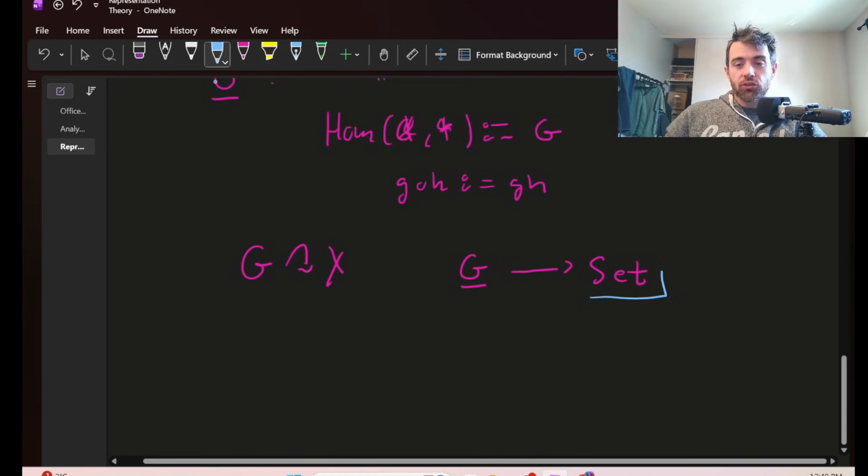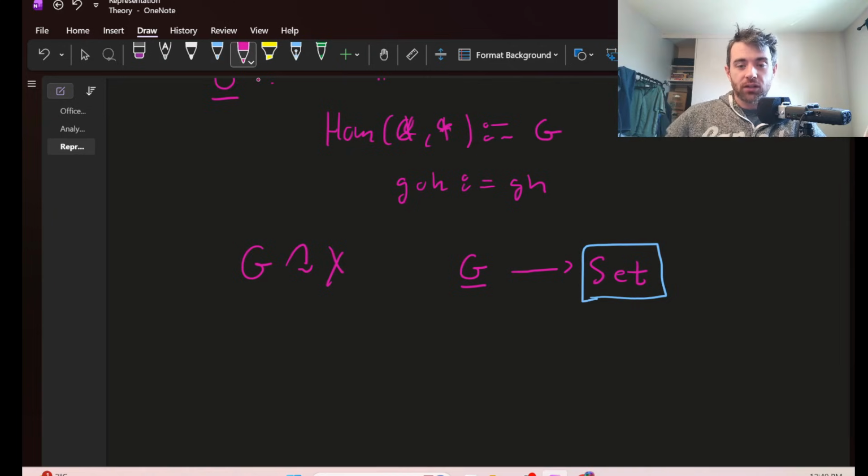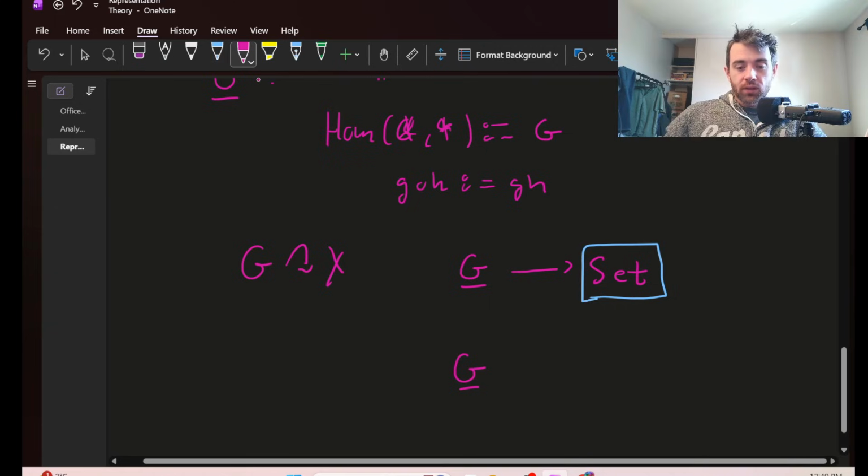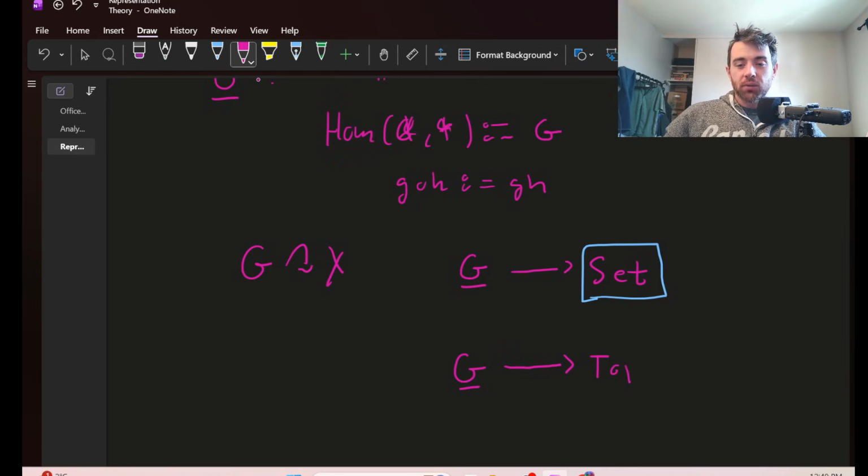Well, of course, it's just that you have this functor landing in a different category. So if we wanted it to be a topological, a continuous group action, we would have it land in the category of topological spaces. And perhaps unsurprisingly, if we wanted it to be a representation, we would have it land in the category of vector spaces over some field K.